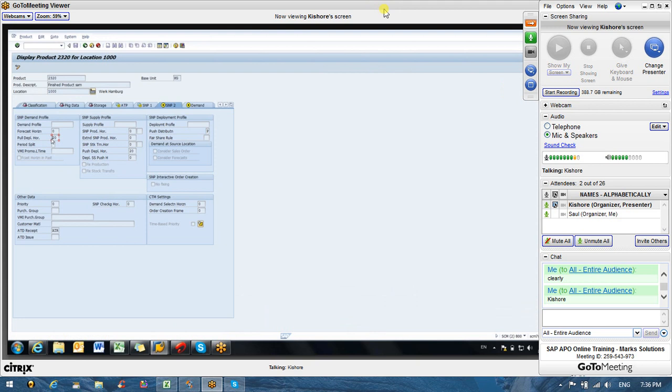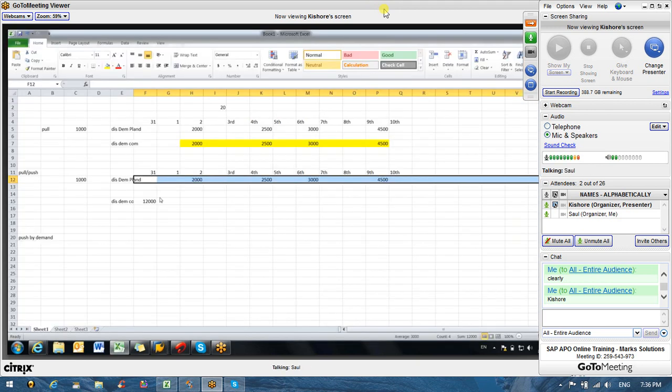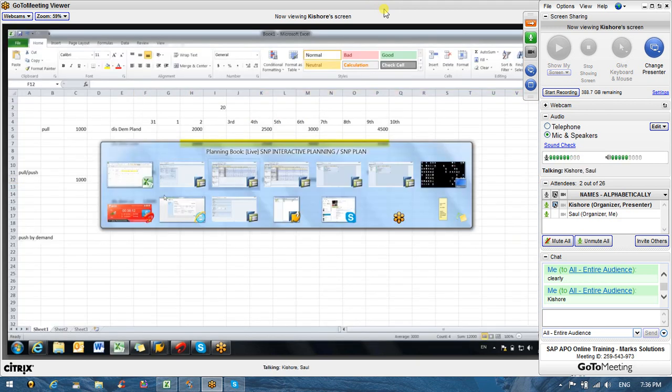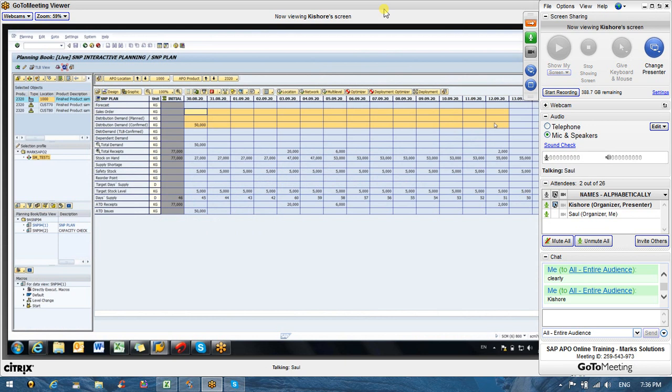It just picks all the demand in this horizon and tries to confirm it at the beginning of the period itself. So again, it should have enough stock on hand, enough receipts. How much receipts you have, that much it will try to confirm at the beginning of the period itself.